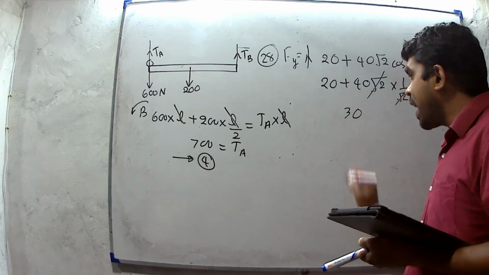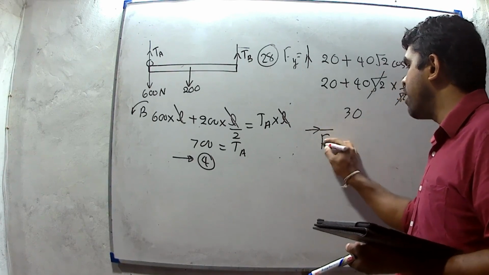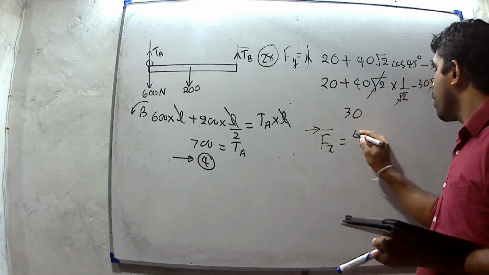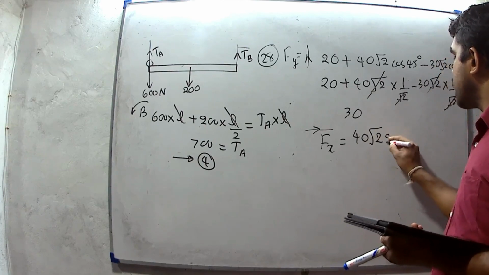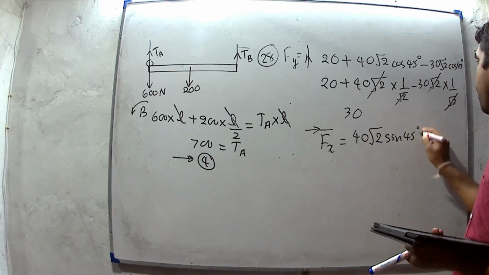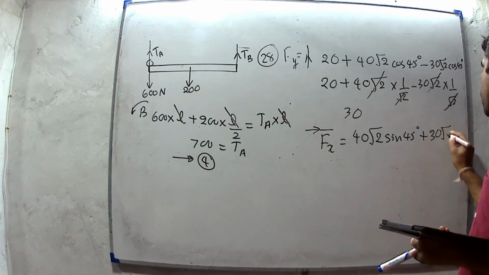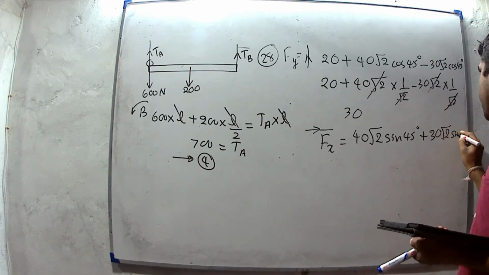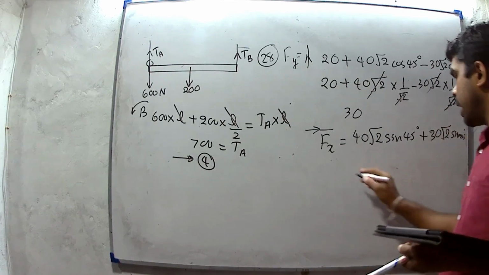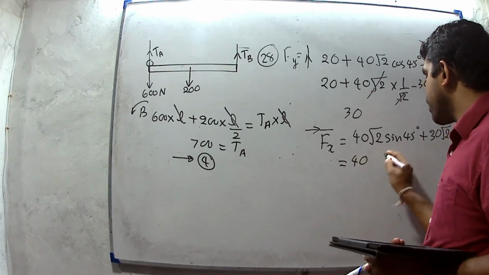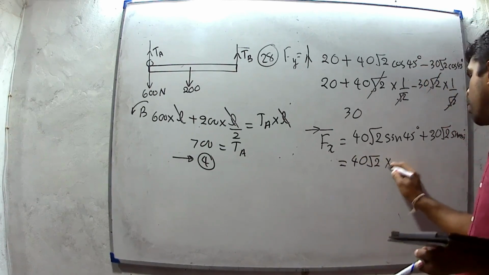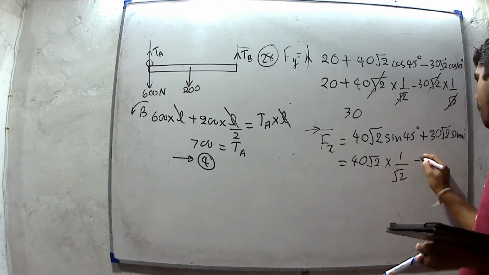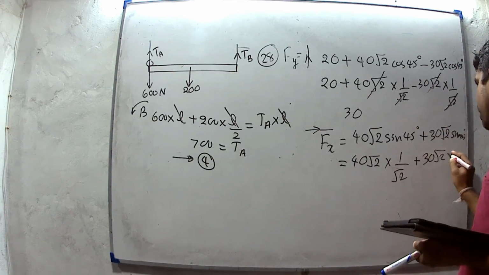And then we can consider horizontal force. I will consider Fx. 40 root 2 sin 45 plus 30 root 2 sin 45. Again we can substitute sin 45, 1 over root 2.